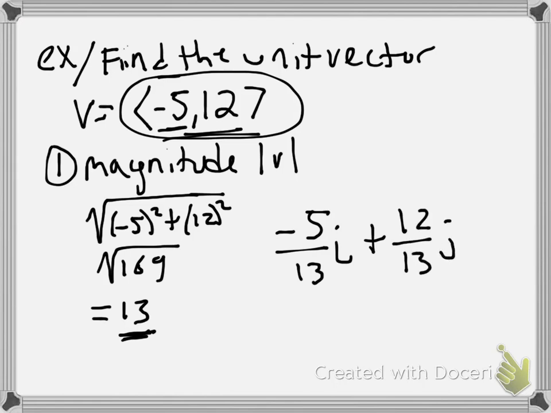Okay, that's one way you can write that. You can also just write it as a unit vector this way and do -5 over 13 and 12 over 13. I don't really care either way. Both ways actually work. Okay, so moving on.